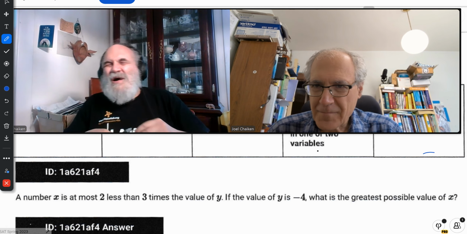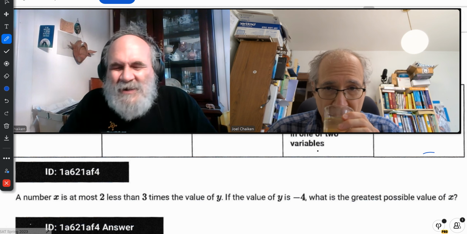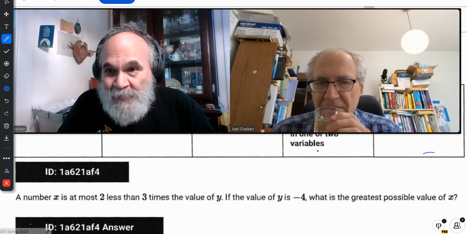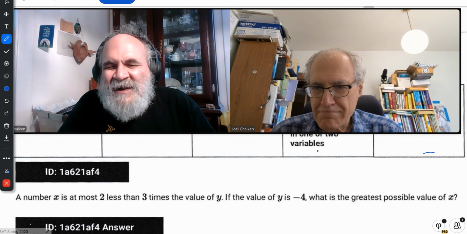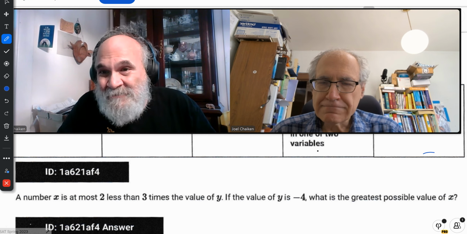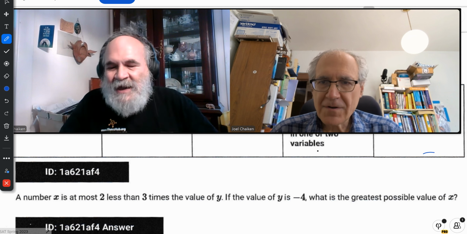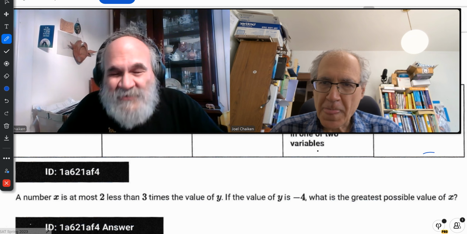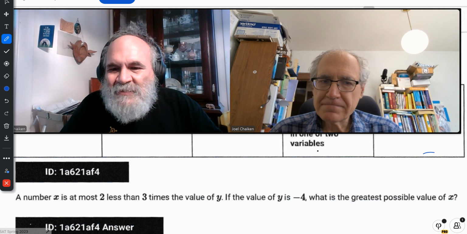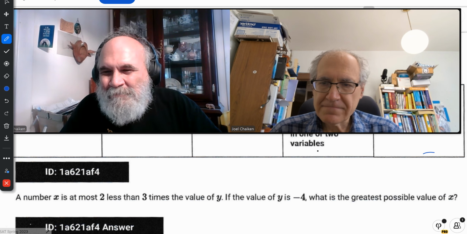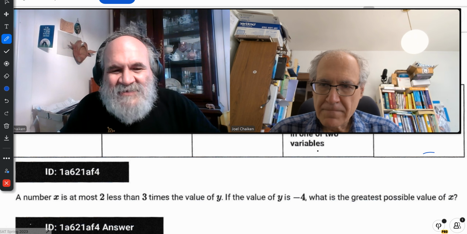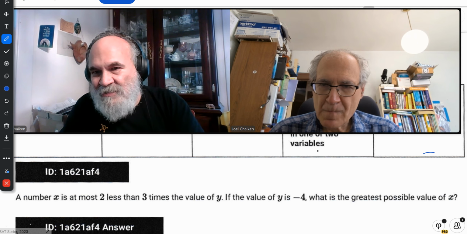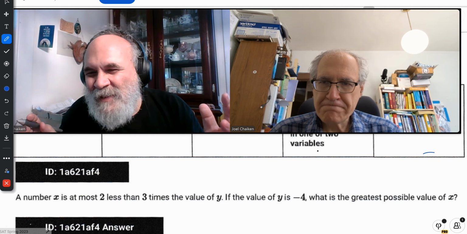Okay, I have two ways of solving this problem. Way number one is to think and talk about it in English. Now, the problem is to find the greatest possible value of x. Well, the data says that x is at most something they tell you.